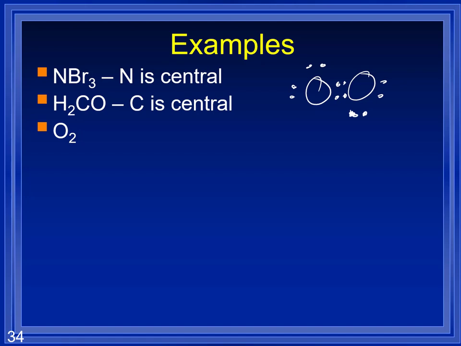I haven't changed that. I started off with 12 dots. There are still 12 dots on that screen. But now this oxygen has 8 because it gets to count both of them in the double bond. And this oxygen has 8 because it gets to count both in the double bond. So we try single bonds, and if that doesn't work, we go to multiple bonds.